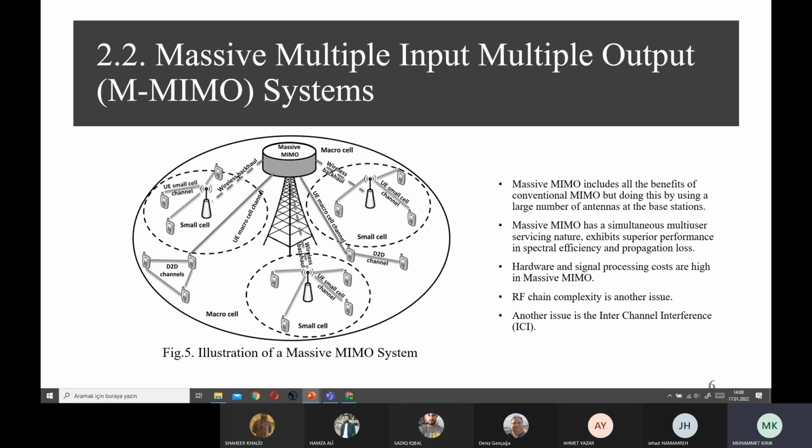These are all expenses that we have to pay when we use MIMO systems. Also, the radio frequency chain complexity is another issue. And lastly, the interchannel interference is still a problem, but it is even worse in this case because we have so many different antennas and so many different channels.